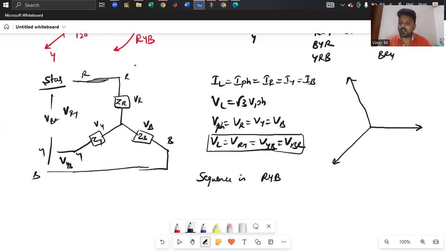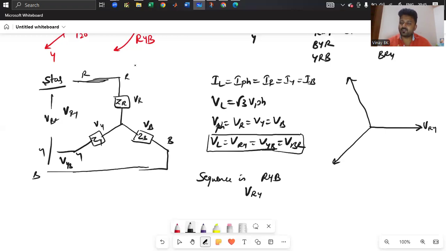You can take any one voltage as a reference. You can take VRY as a reference. Whatever reference you are taking, the angle of the reference is always zero. That you already know the basics. So I'm considering VRY as a reference.